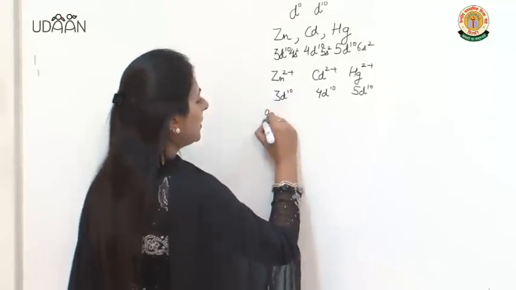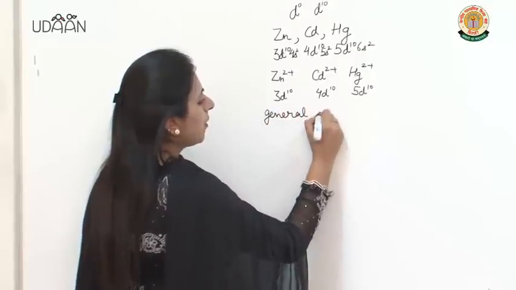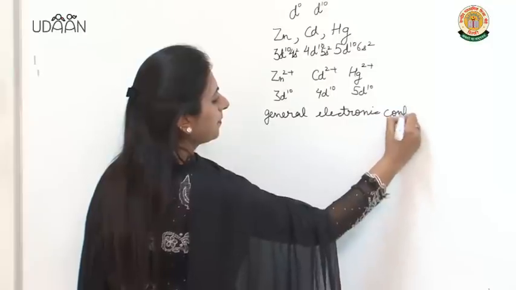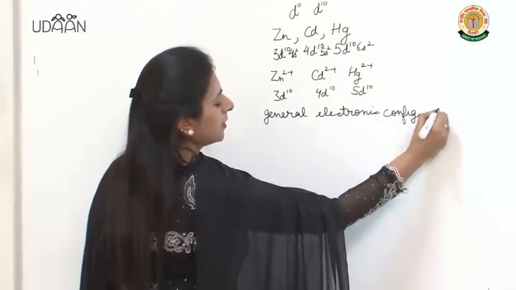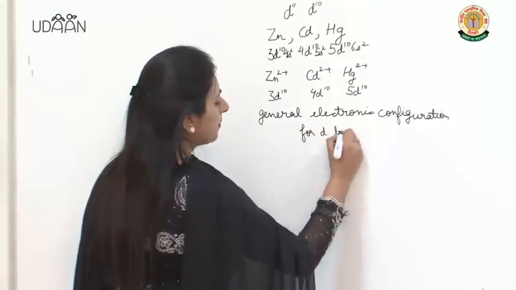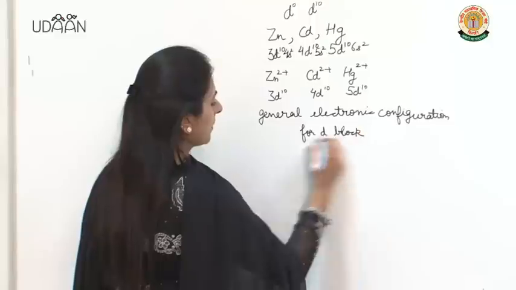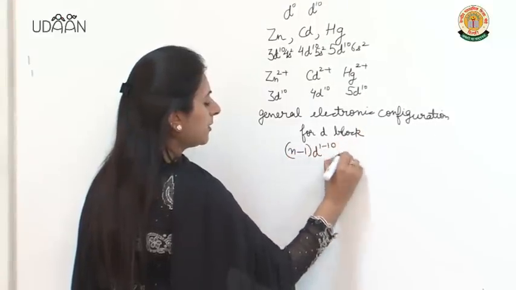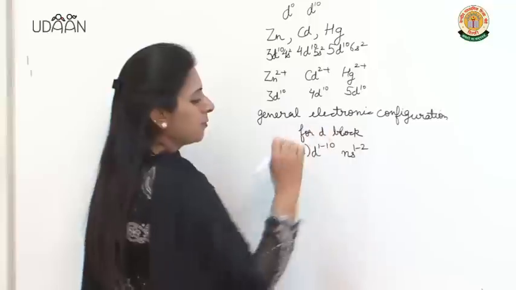Now what is the general electronic configuration of a D block element? The general electronic configuration for D block is (n minus 1) d1 to 10 ns1 to 2.